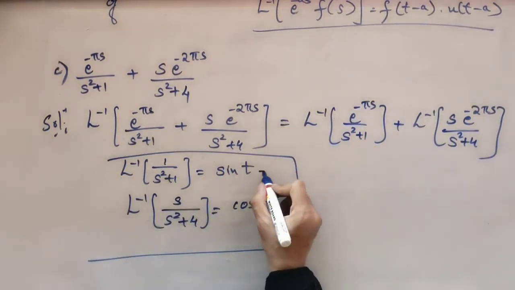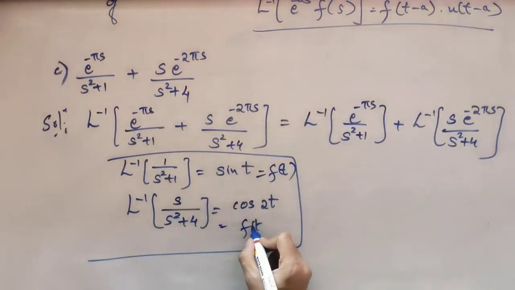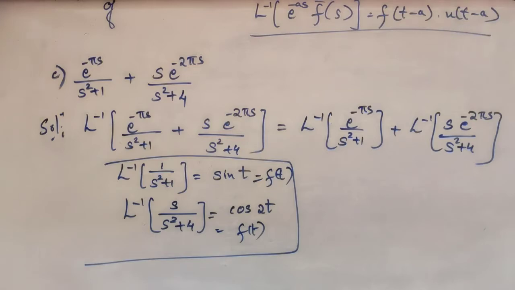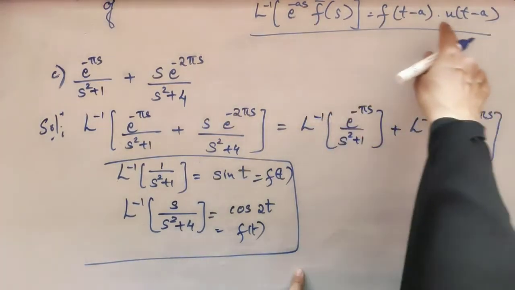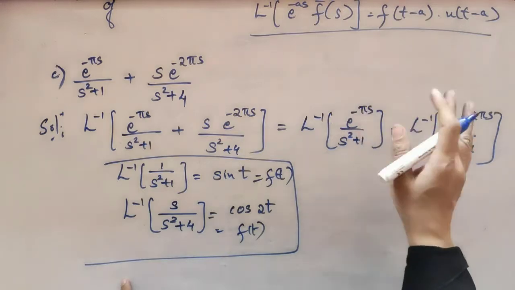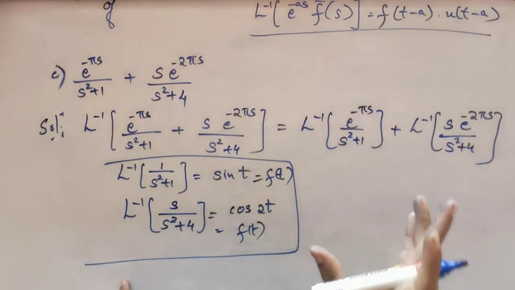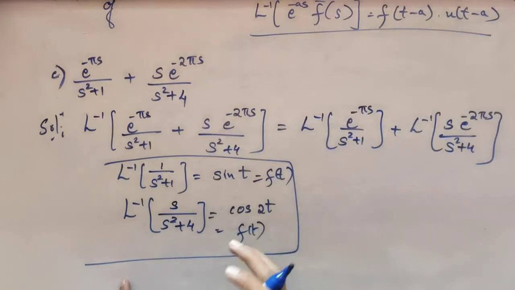For the first part this is going to be my f of t, and for the second part this is going to be my f of t. I have told you already. Whenever it comes in this pattern, a combination in this pattern, you first separate your exponential term and take the inverse Laplace transform of the remaining f bar of s. Once you get the inverse Laplace transform of that f bar of s, you are not going to write it as f of t, you are going to change it to f of t minus a.